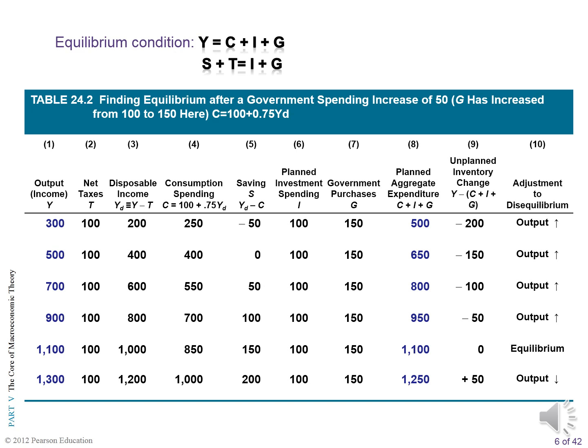At any level of income less than the equilibrium level, aggregate expenditure is more than aggregate output and there is a decrease in inventory. Firms will respond by increasing output. At any level of income more than the equilibrium level, output is more than aggregate expenditure, so there is an increase in inventory and firms respond by decreasing output.